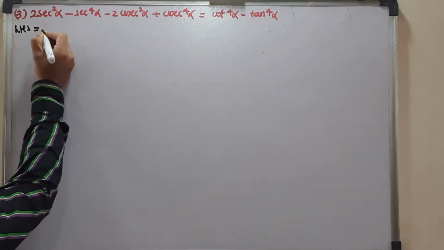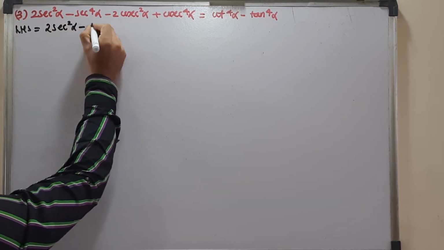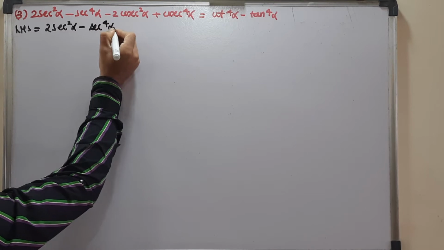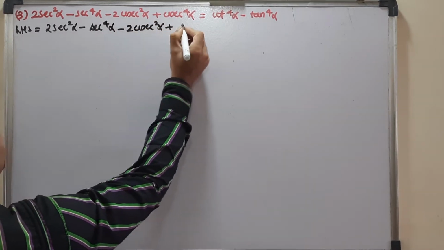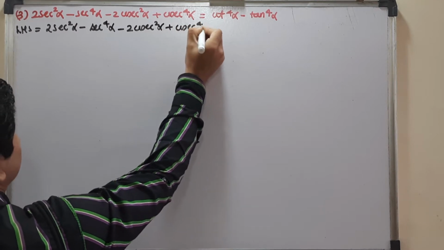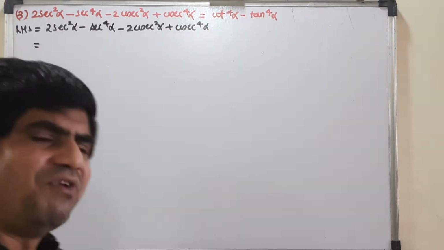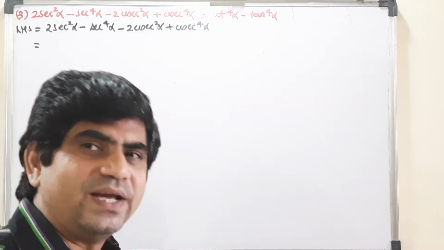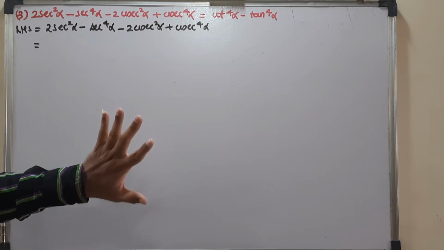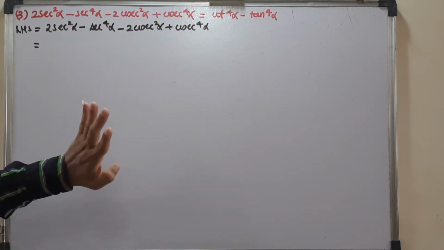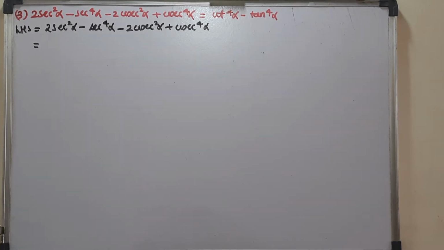So the LHS says it is 2 sec square alpha minus sec raised to 4 alpha minus 2 cosec square alpha plus cosec raised to 4 alpha. If I see this question, I would first console myself that there are only two things, sec and cosec. So why not take common between only sec and only cosec?